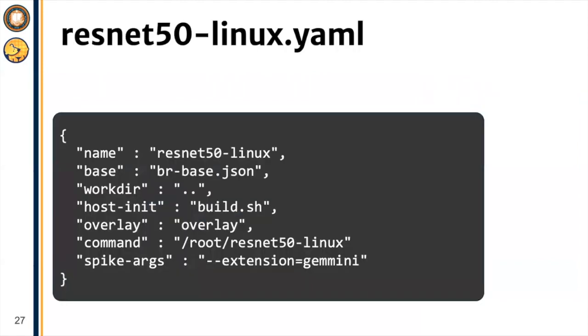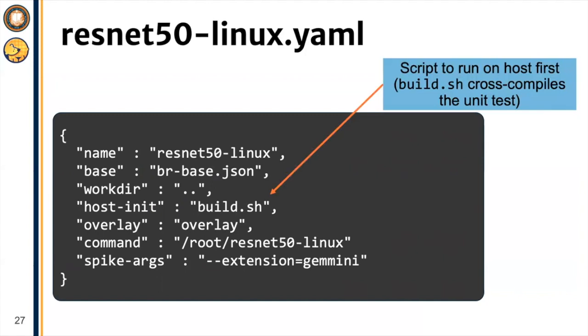If you looked at the specification for ResNet 50 Linux, you should have seen something like this. It involves a couple different components. One, outside of just the base image, br-base.json, indicating that I want to run on Linux, and a particular name, it's specifying a build script that's going to be cross-compiling the Gemmini test for Linux, right?